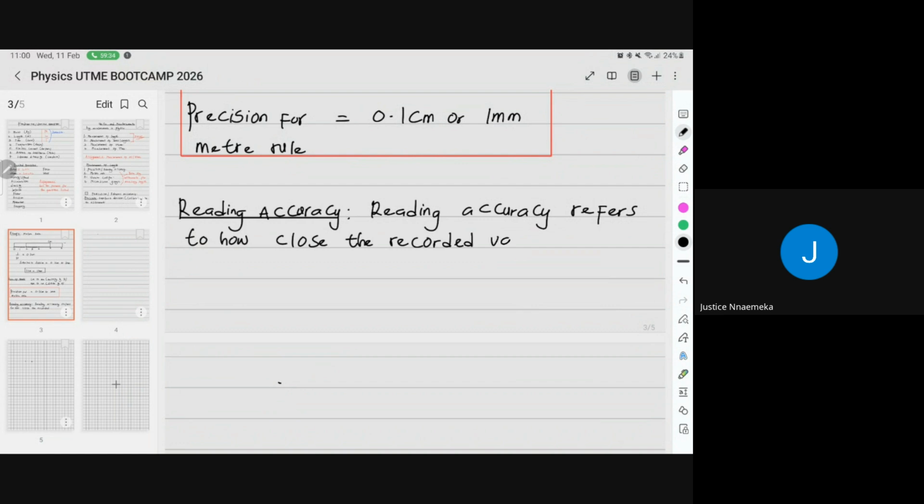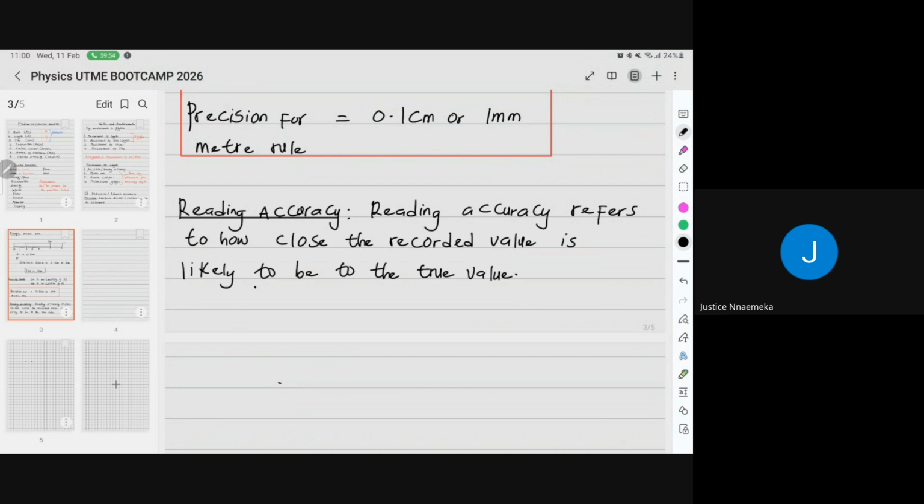It refers to how close the recorded value is likely to be to the true value. How close it is to the true value.